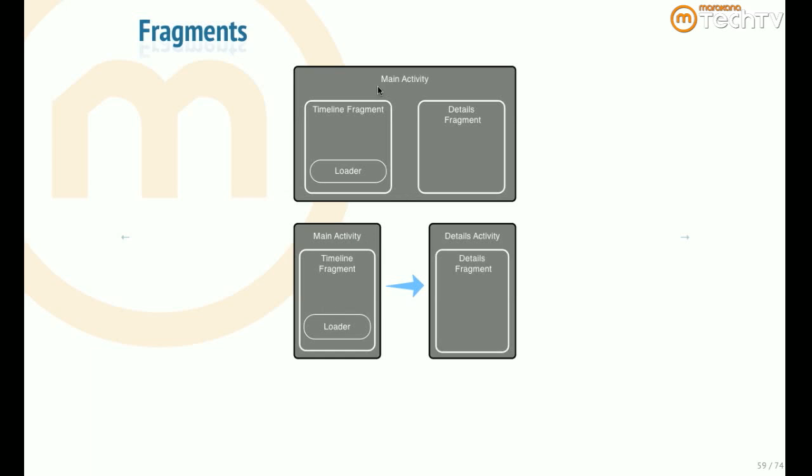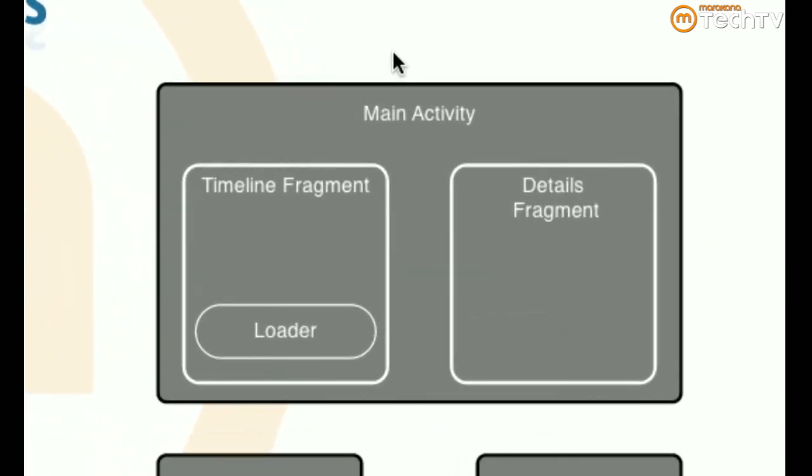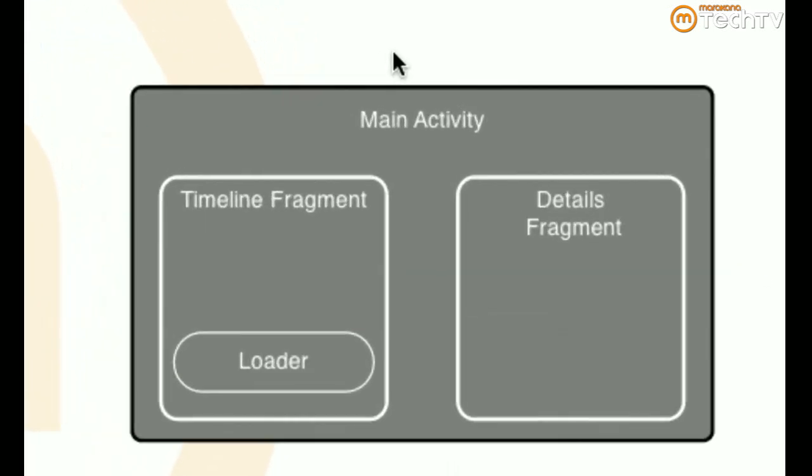For example, if I had a tablet, my screen may look like this. I may have an activity, but that activity may consist of two distinct fragments, right? I have a fragment for the timeline where I can see the list of my tweets, and I may have another fragment where I can see the actual details, right?